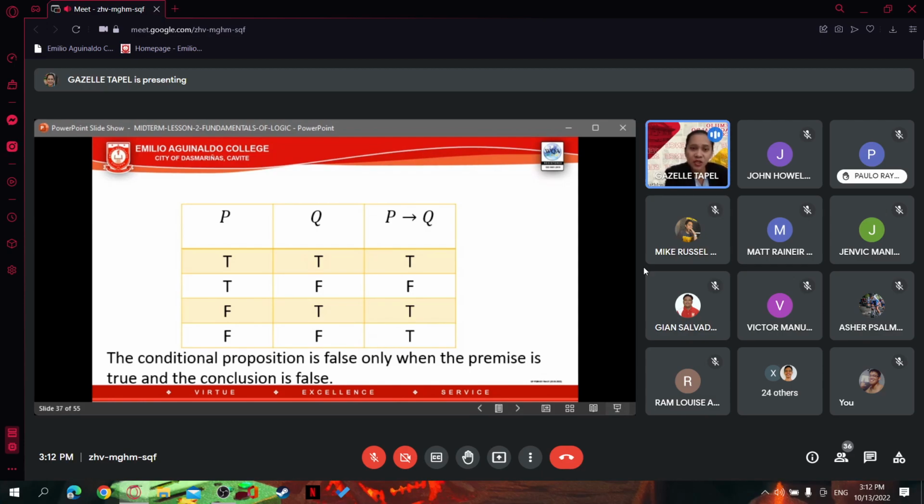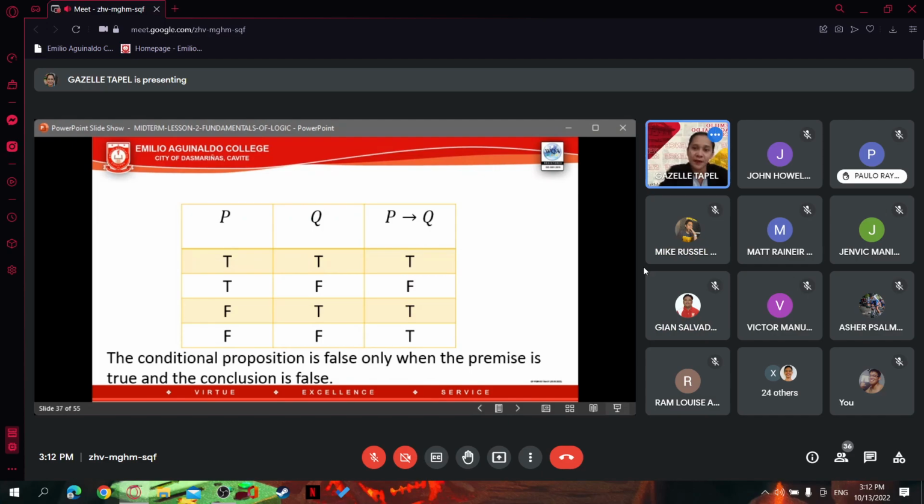If the proposition P is true, but the conclusion is false, then the conditional statement is also false. If the proposition P is false and the Q proposition is true, then P implies Q is also true. And whenever the proposition P is false and the proposition Q is false, therefore the conclusion is also true, or the P implies Q is true.